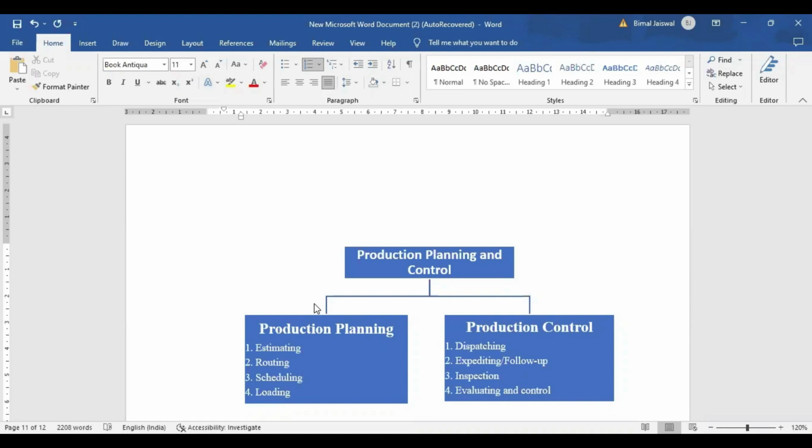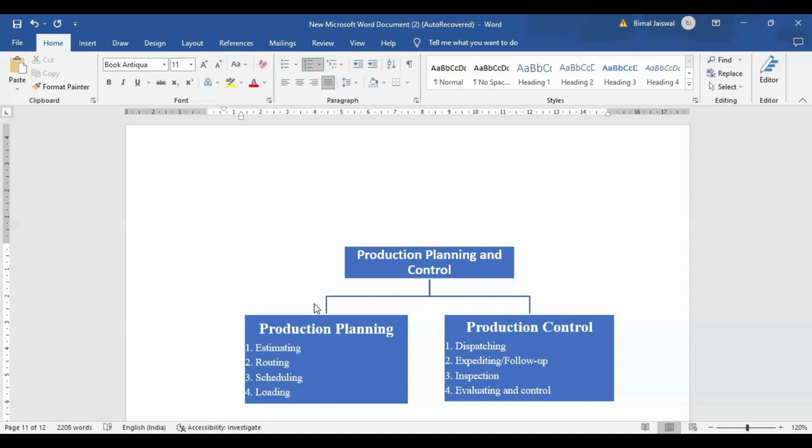Production means a large number of activities operating simultaneously, and checking each and every activity is a difficult task. When a large number of activities are on the floor, that means planning has to be taken care of. Without planning, those activities cannot be managed properly.